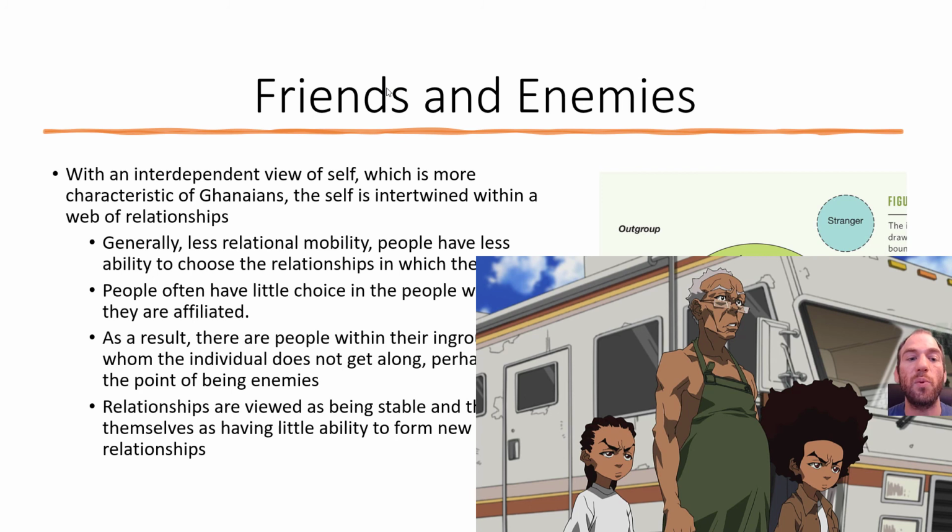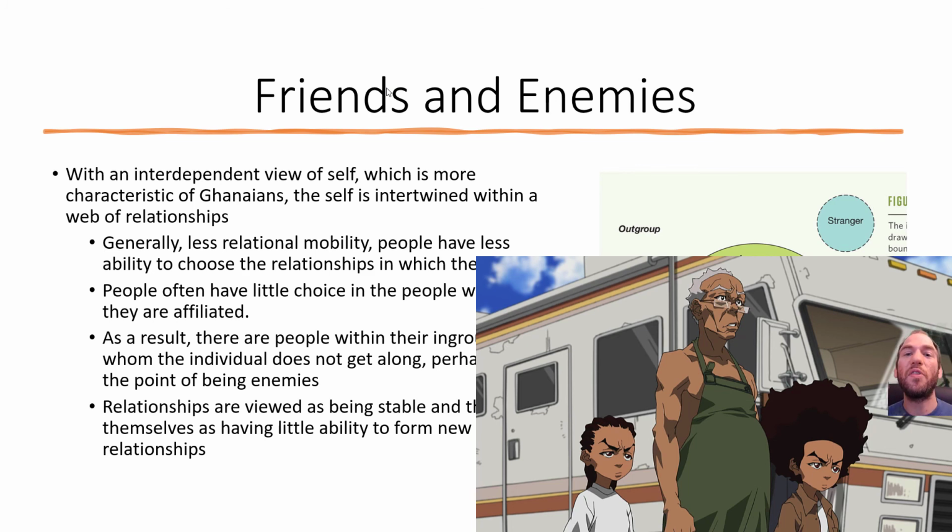So in this case, we have this interdependent self, wherein our sense of self is intertwined, more defined based on the relationships with other people within our in-group. Thus, our social relationships are very important to us in defining ourselves, and more stable in the long term.